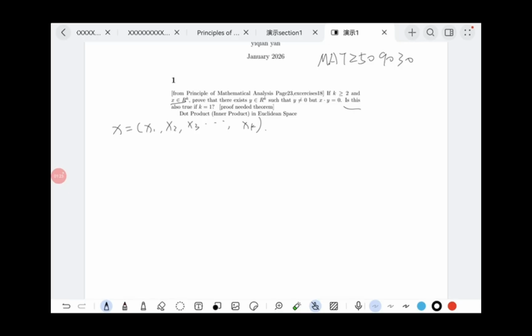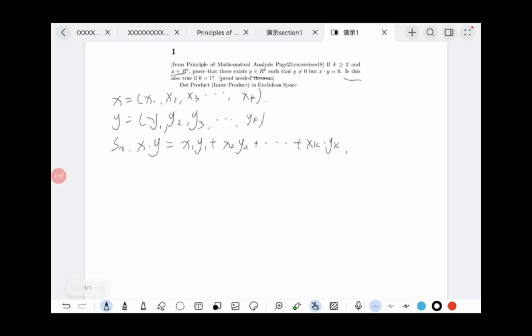And if y also belongs to R^k, y equals y1, y2, y3, and so on.